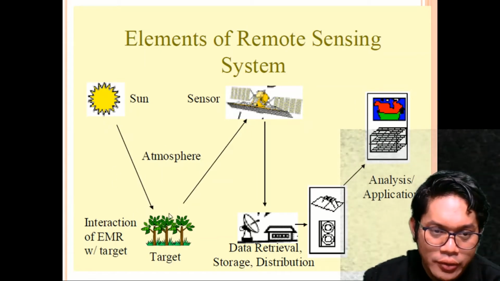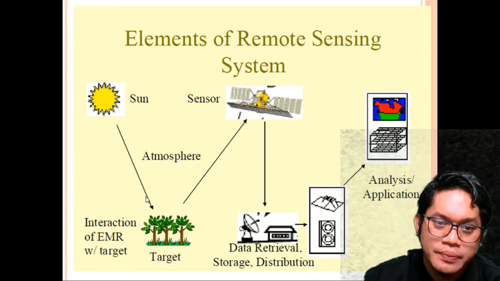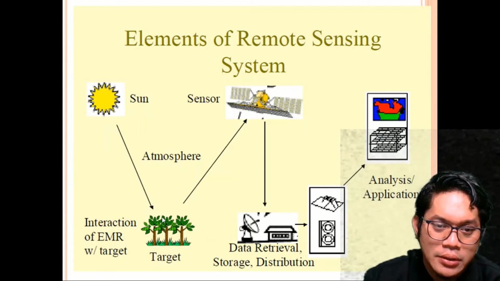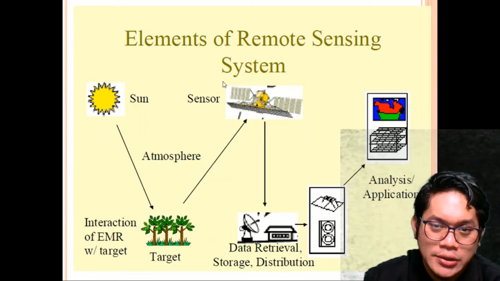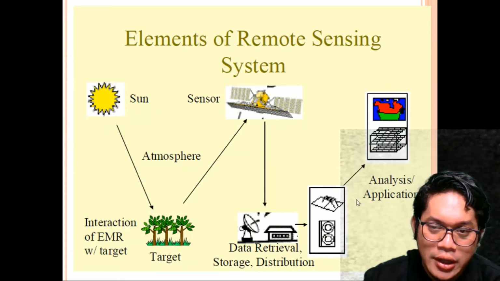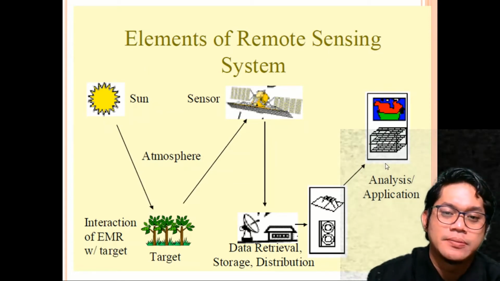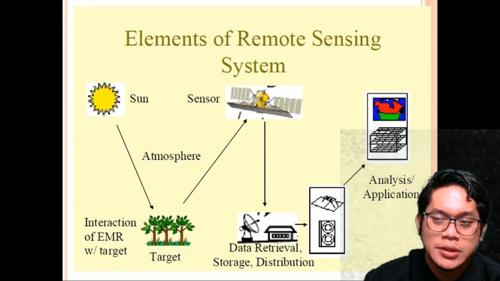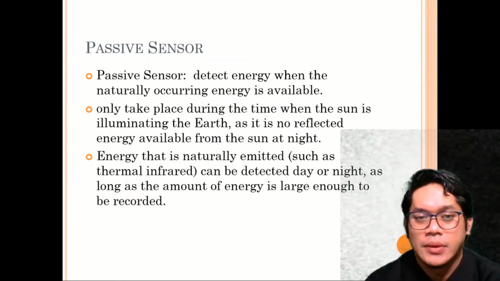So a lot of interactions happen, and from the target, the energy will be bounced to the sensors, which is the satellites. The satellite will detect it, decode it, save it, and send it to the data retrieval storage on the ground, and then to the analysis.